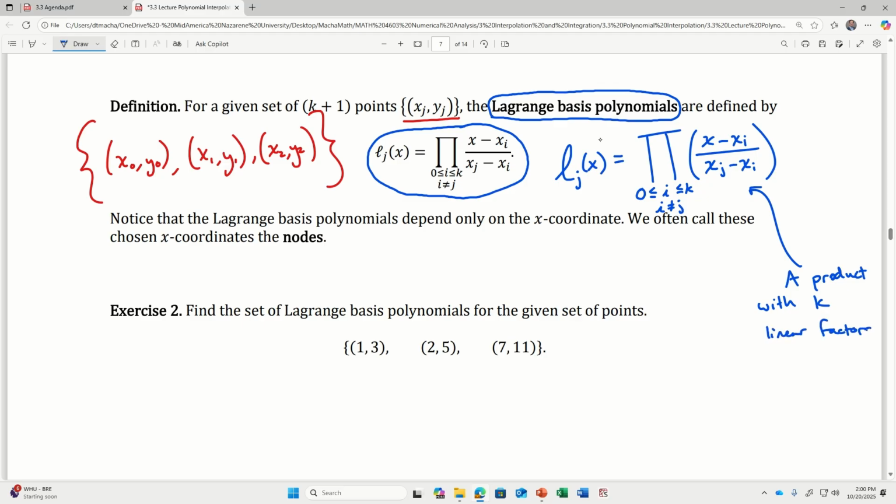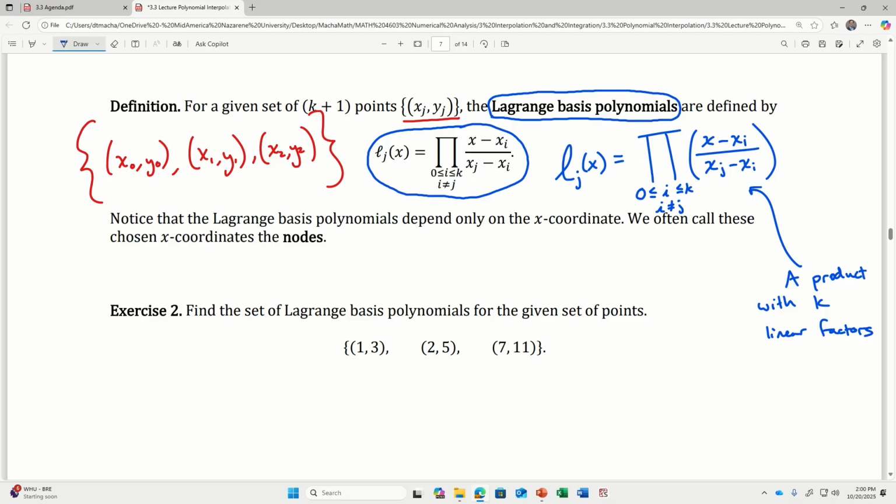And these factors are linear in terms of my variable x. All of the xi's are just the x coordinates of the points that were given, and the product is going to go through these. So first i is equal to 0, then i is equal to 1, then i is equal to 2, and then i equal to k.